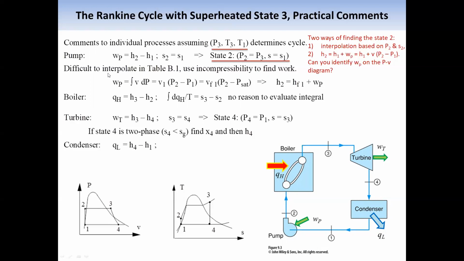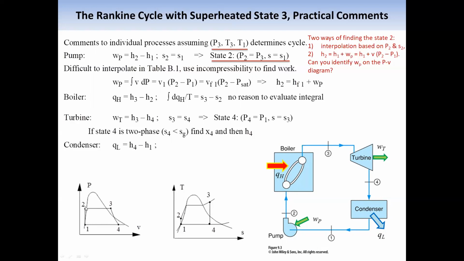Now, in order to estimate the work, we use VdP for the pump power, because it's a liquid, it's essentially incompressible. The specific volume remains constant during the pumping process.